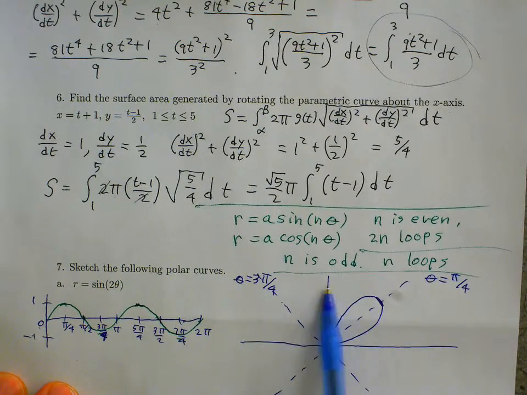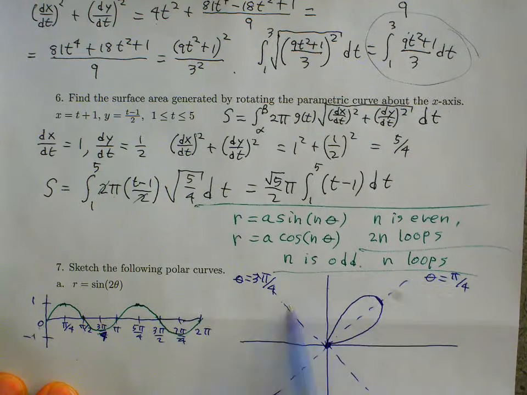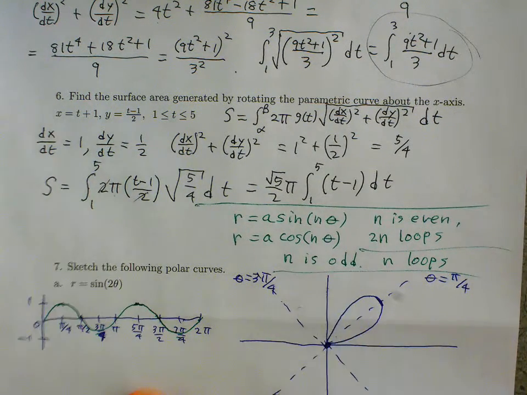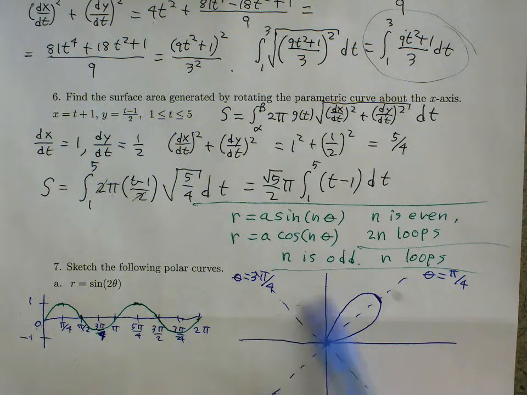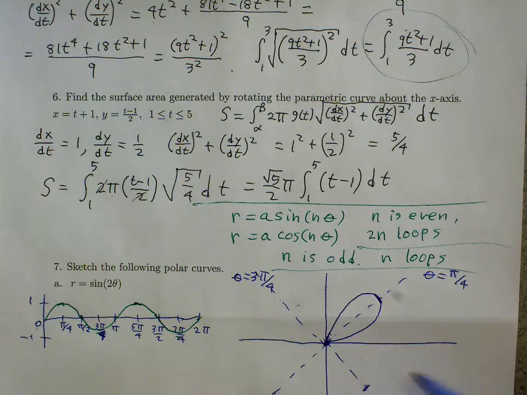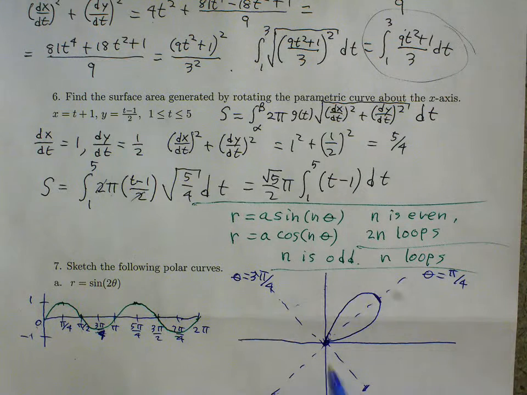Between pi over 2 and 3 pi over 4, the r values are negative. So where's the loop going to be? It's going to be opposite of this sector, so it's going to be in this sector. Sometimes I have to reorient myself here.